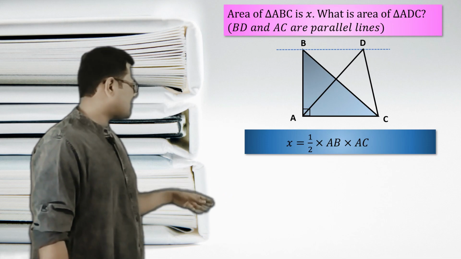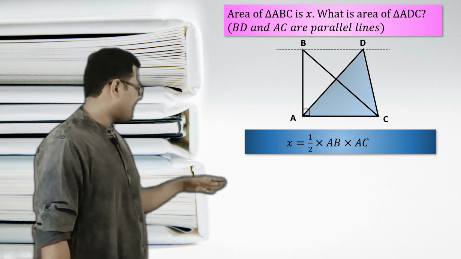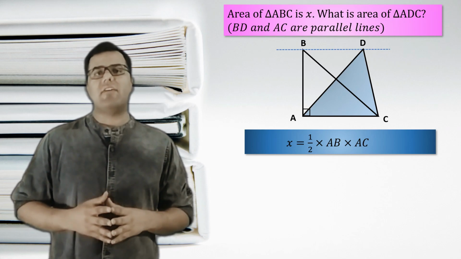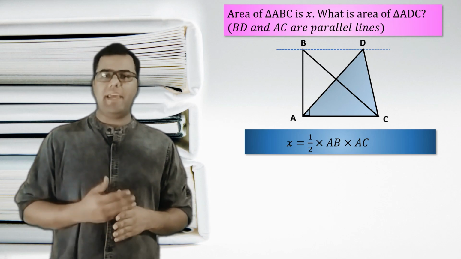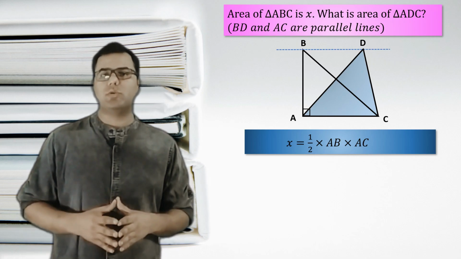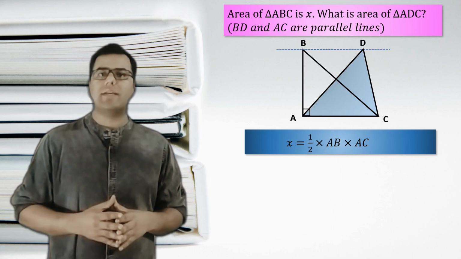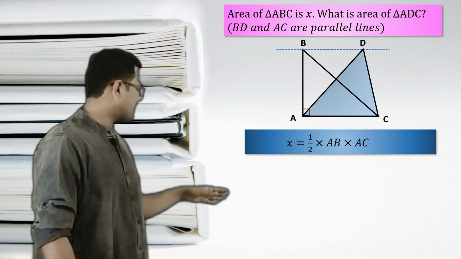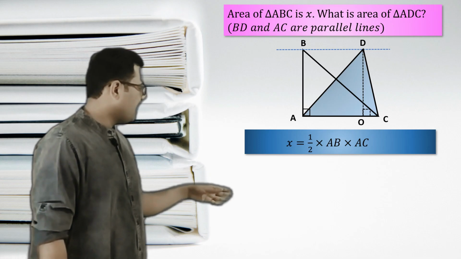Now just concentrate on this other triangle ADC. For this triangle ADC, I want to know its area. The base I'm going to keep the same, that is AC. However, I want to know the length of the height. So what I'm going to do is drop a perpendicular from the opposite vertex, that is vertex D, on this base AC.